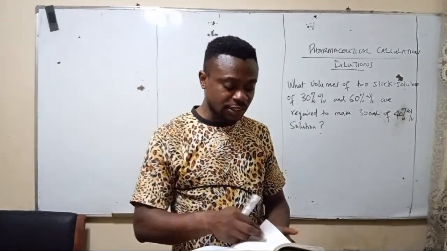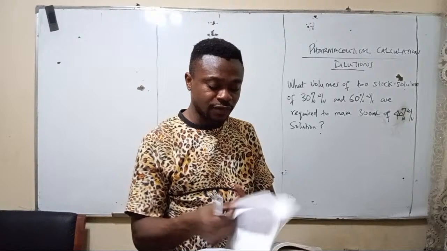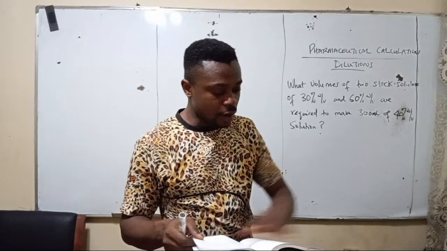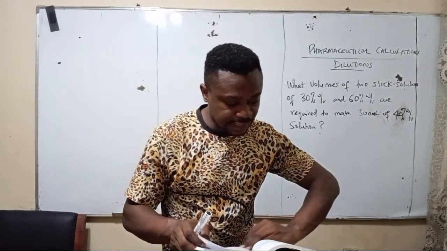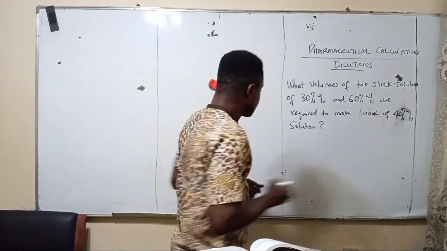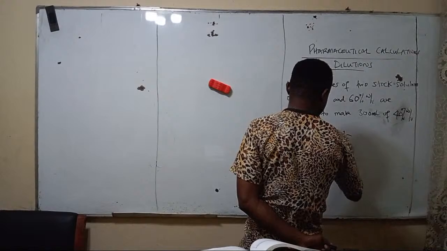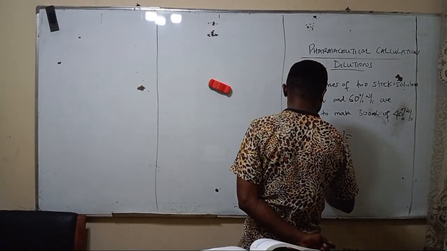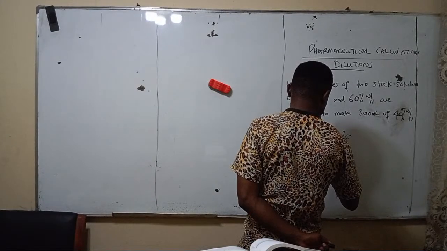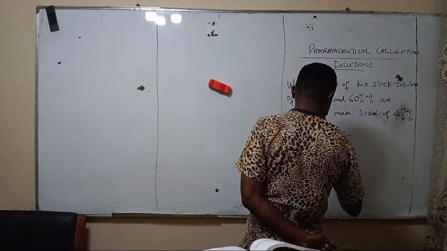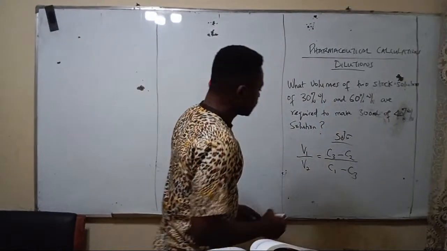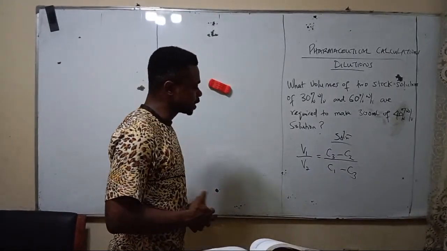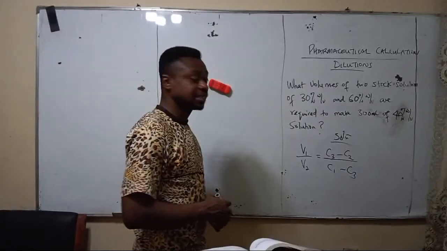For us to be able to solve this question using alligation alternate, we have to have in mind this formula: V1 over V2 is equal to C3 minus C2 over C1 minus C3.